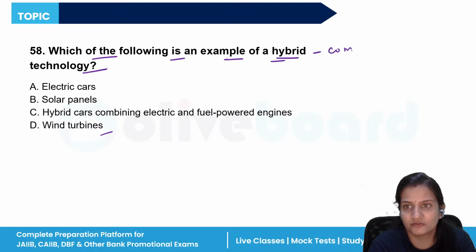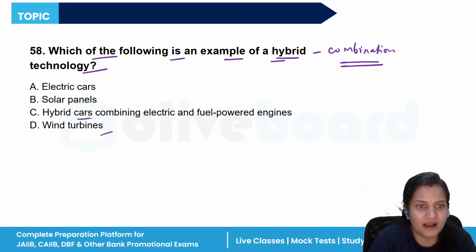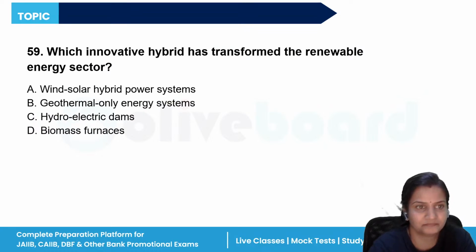It is a combination of two technologies. This is the meaning of hybrid, a combination. So hybrid cars combine electricity and fuel also. Clear? So the example of hybrid technology asked in the question is the cars which have the combination of both electric and fuel.